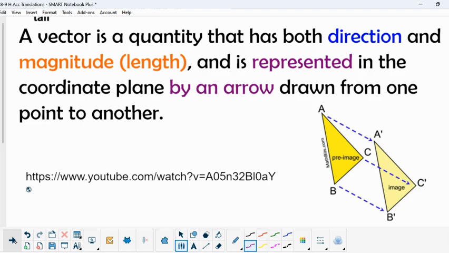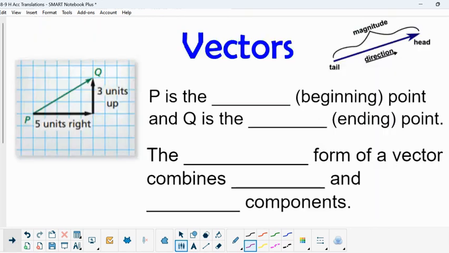Okay, so on a vector, it's got two pieces basically. It's going to have a horizontal motion that we saw, an x right or left motion, and an up or down motion. The P in this example is the original point, the beginning point, and Q is what we call the terminal point, or the ending point of our vector.